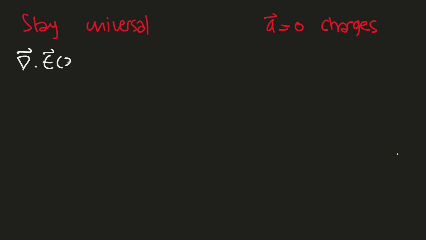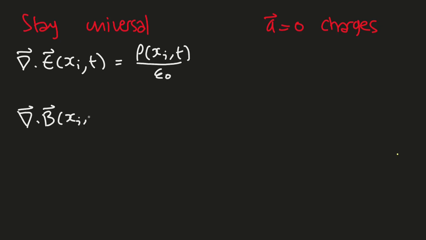So magnetic permeability relates to the response of a medium to a magnetic field. Finally, if we summarize all the equations we know, we can divide them into two parts: a universal part, and the part for zero acceleration of charge. In the universal part, we have nabla dot E equal to rho over epsilon 0 and nabla dot B equal to 0.